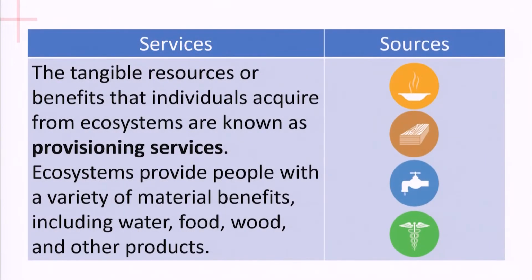Now when we look at these services, we find that the tangible resources or benefits that individuals acquire from the ecosystem are known as provisioning services, or the ecosystem provides for these things. Ecosystems provide people with a variety of material benefits such as water, food, wood and other products.